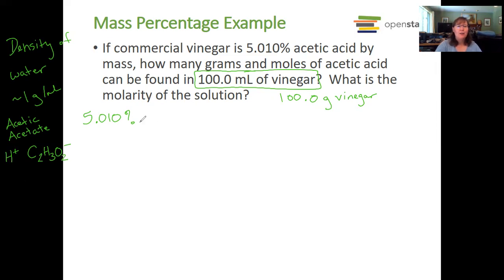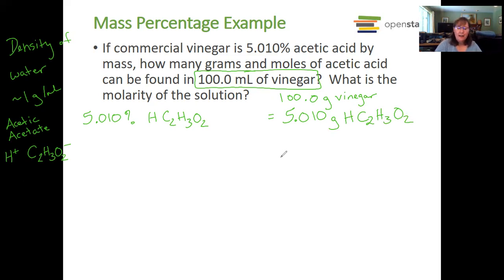When we put these together, we have 5.010% HC2H3O2. And out of 100 grams, that means that we have 5.010 grams of acetic acid, HC2H3O2. That's what that means there.